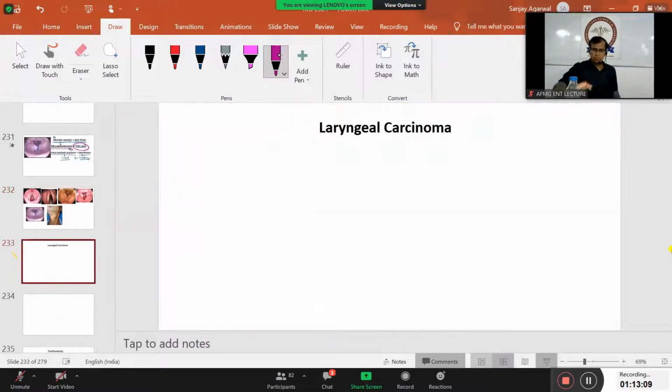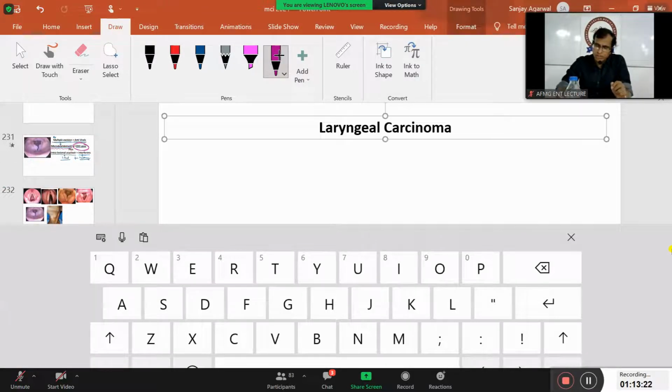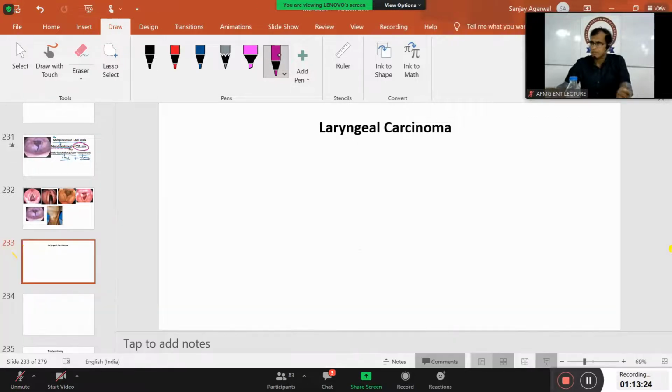And the last group is laryngeal carcinoma. The only important thing is the treatment. But a few things, like which is the most common site?